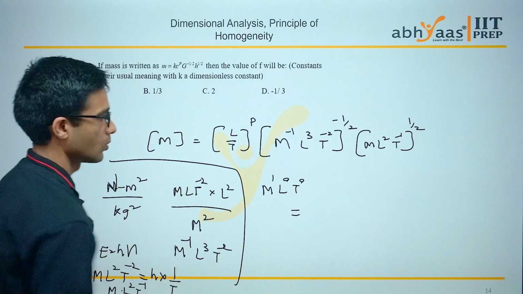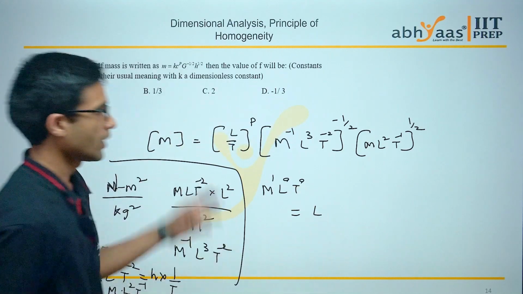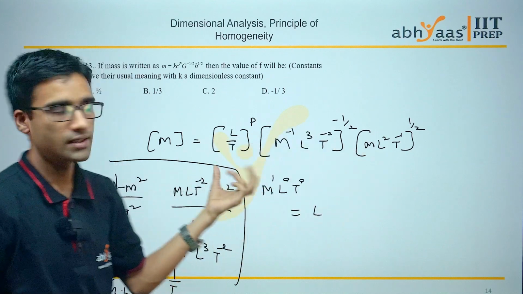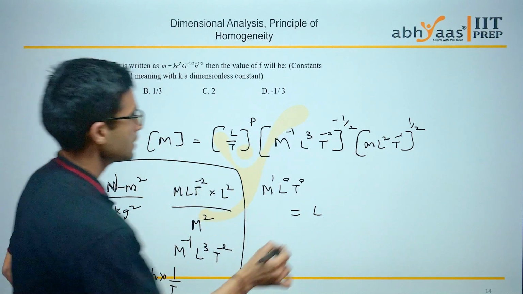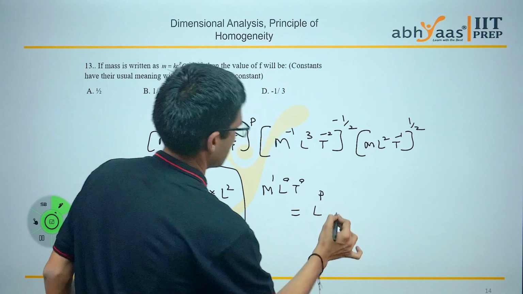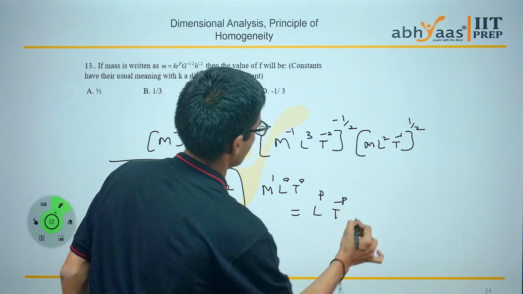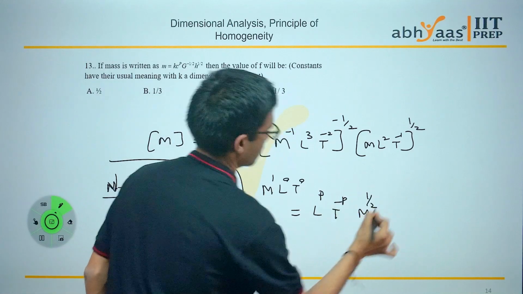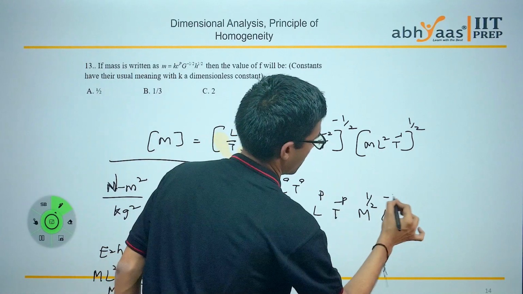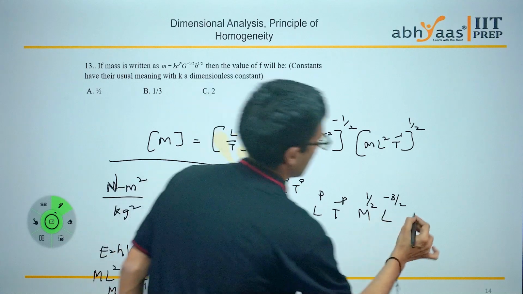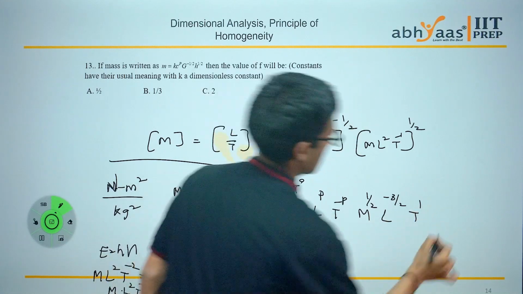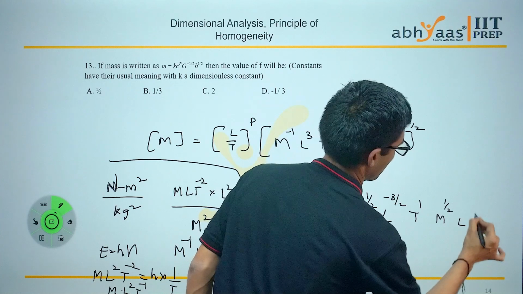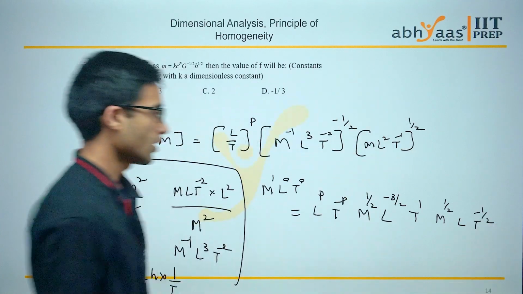We have to compare. Here M L T is there, and in this one also M L T is there. If you observe, L power P, T power minus P, M power minus 1 plus 1 by 2, L power minus 3 by 2, T power 1, M power 1 by 2, L T power minus 1 by 2.